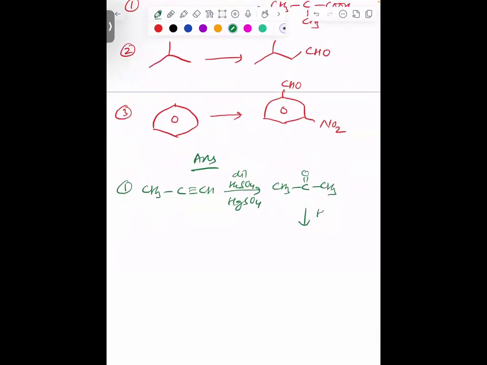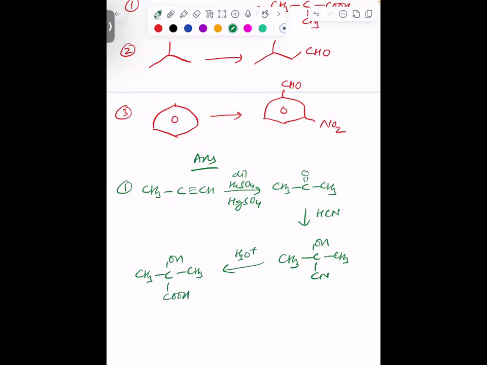Then HCN gives cyanohydrin, and hydration of cyanohydrin gives the carboxylic acid.